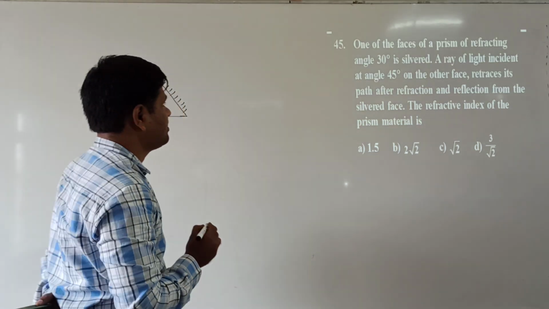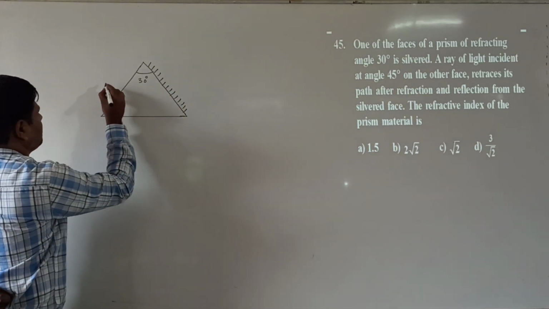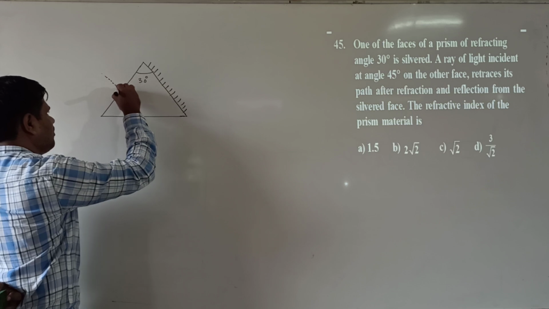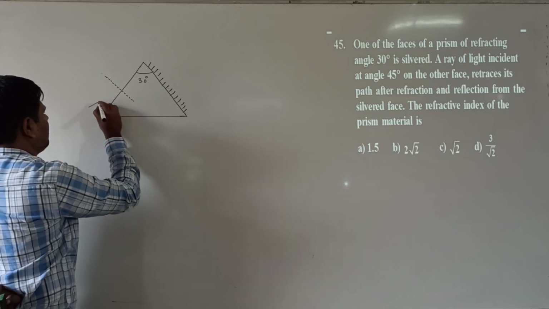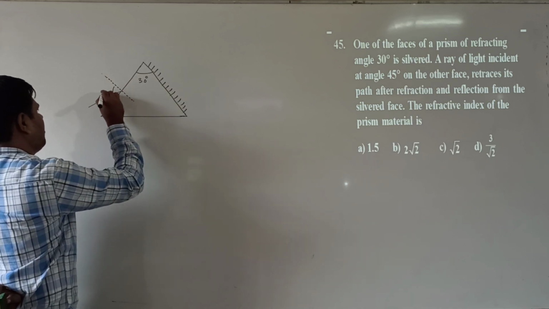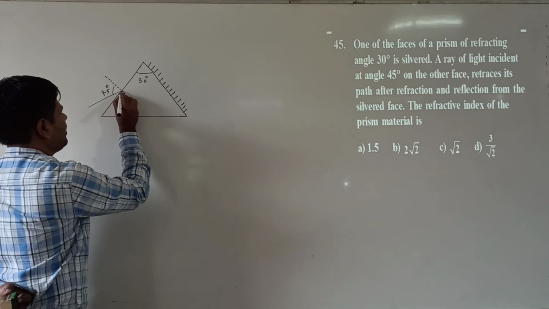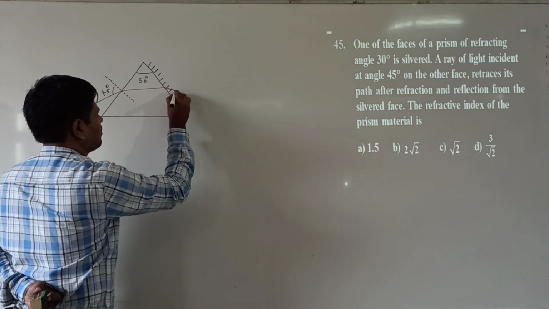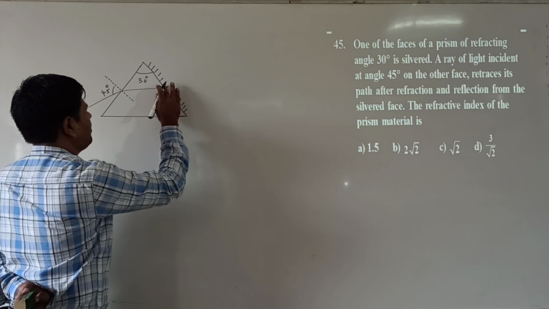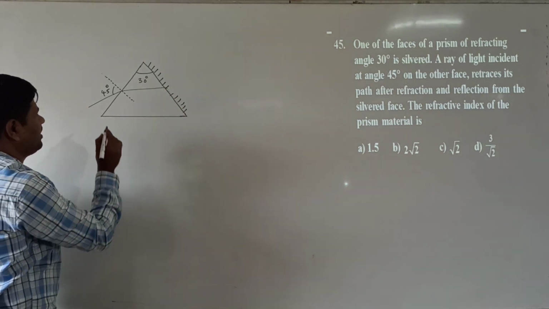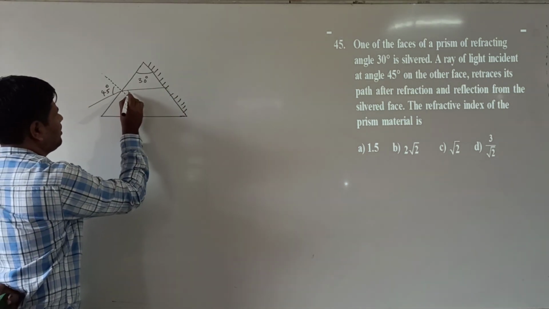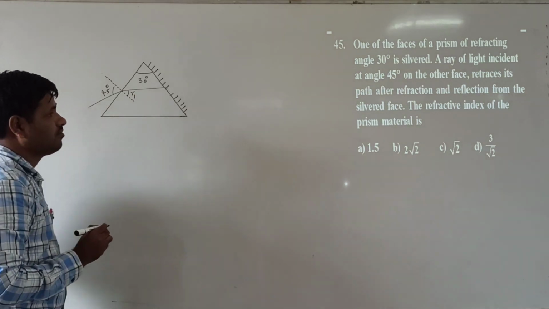Now, a ray of light is incident at an angle of 45 degrees. This is the normal. A ray of light is incident at an angle of 45 degrees next to the normal. This is the incident ray. Incident angle is 45.